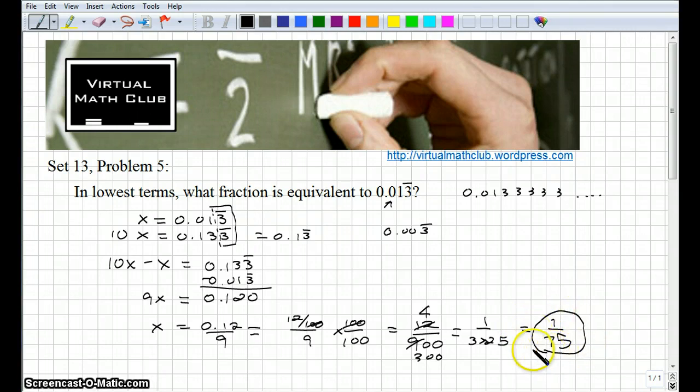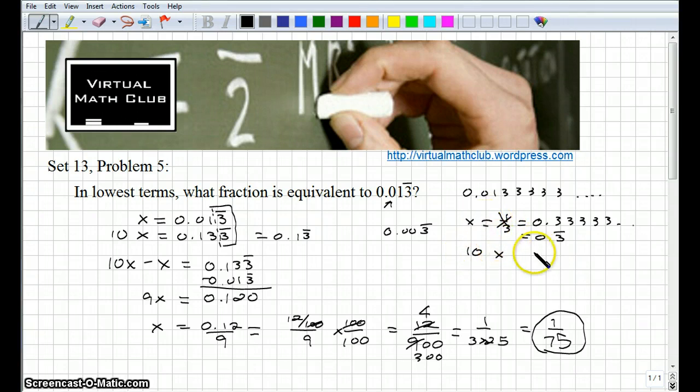Okay? So the trick, let's do an easy one, where we know that 1/3 is equal to 0.33333, and so on, right? But let's just pretend I didn't know that. So I could take 0.3 with a repeating 3, and I'm just going to make this x, right?